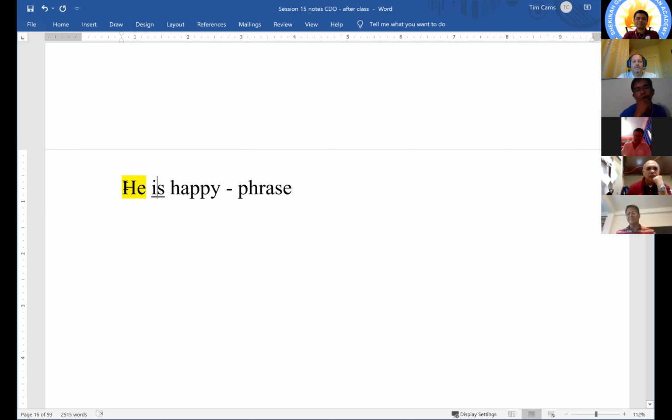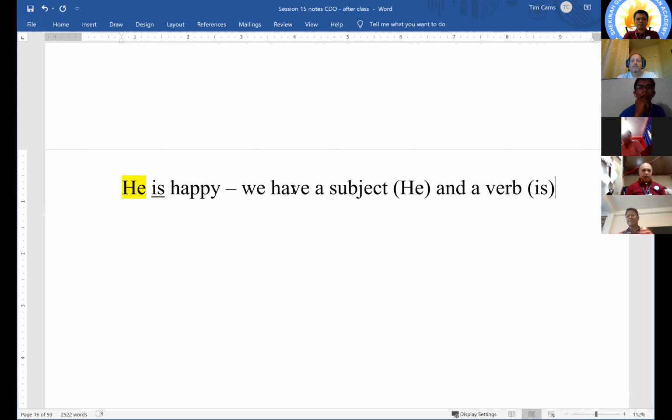So we have a subject, he, and a verb, is. So by definition then, this is a clause because it has both the subject and the verb. Okay?